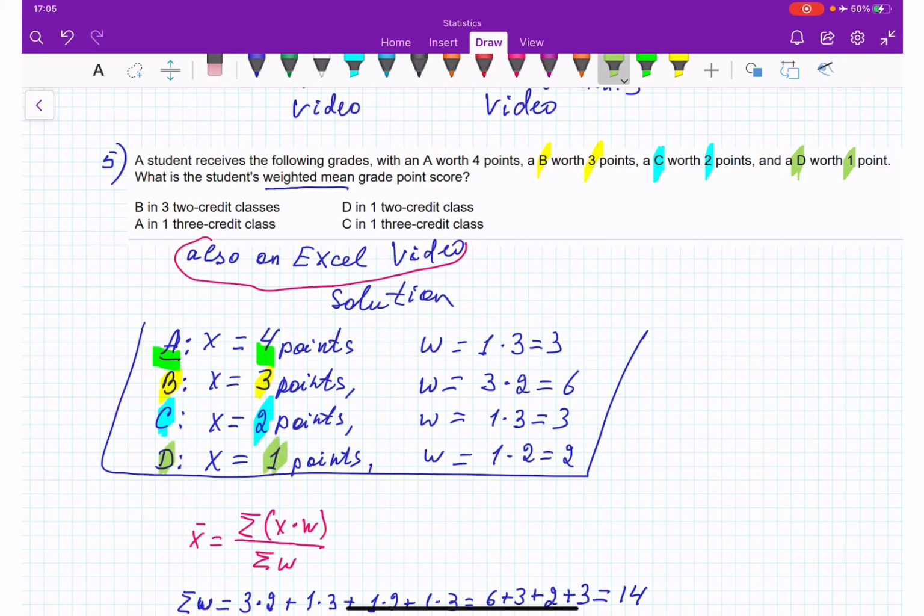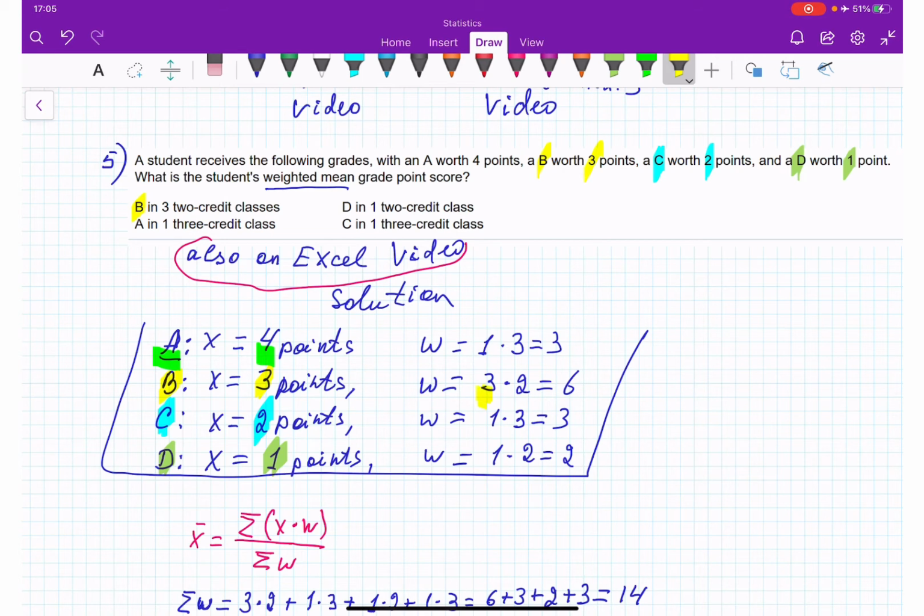Next, we are also given the B in three 2-credit classes. B here is three. It's a weight, practically.